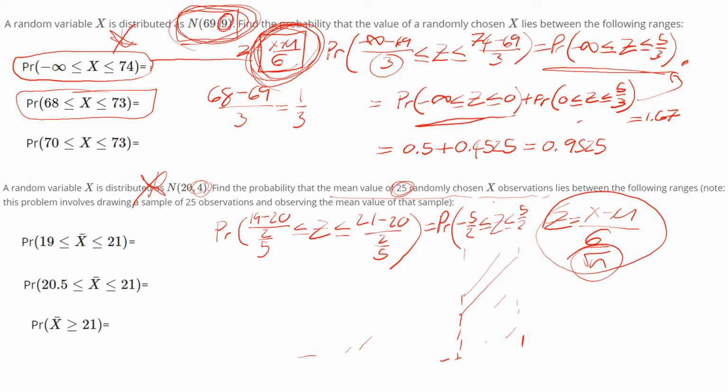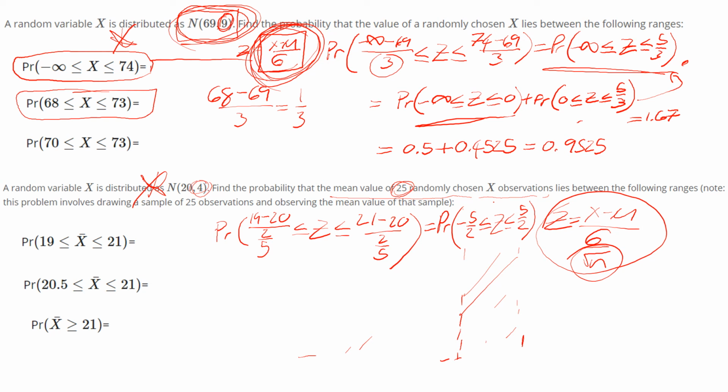Now, when we look up this probability in the Z table, again, we have to be careful because we notice that there are negative values in the left limit, and we have to break up this probability into two separate probabilities at the point of 0.